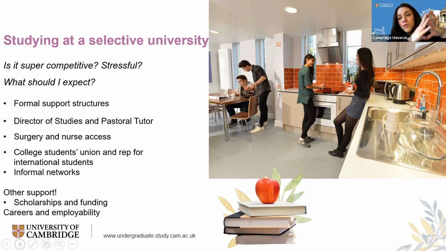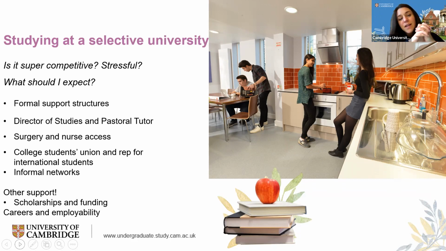So there are some formal structures for help and support. There is going to be the Director of Studies that will look after you academically and make sure that you progress on the programme as expected. But also you will have a pastoral tutor who is going to be looking after you with regards to matters outside of the classroom.